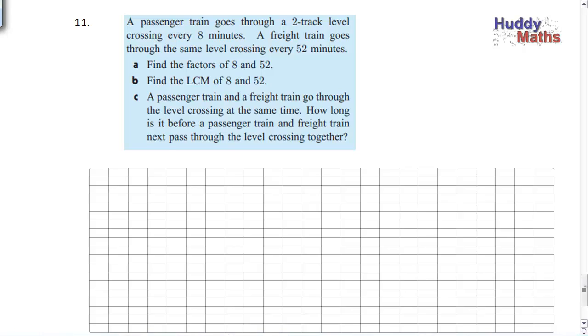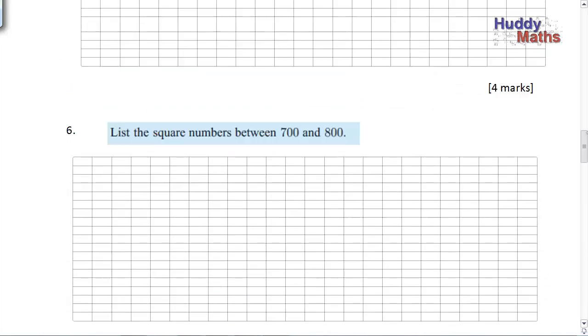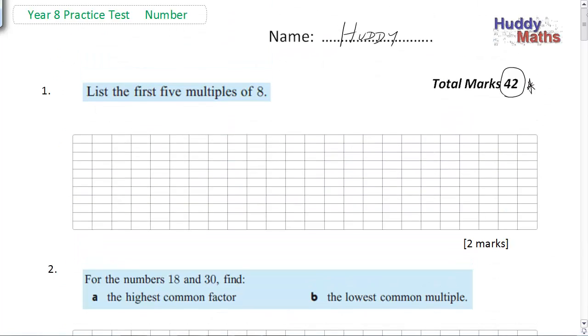Okay, so we're going to go back to the beginning of the test. Here we go. We're going to start now. So this is the 5 multiples of 8.